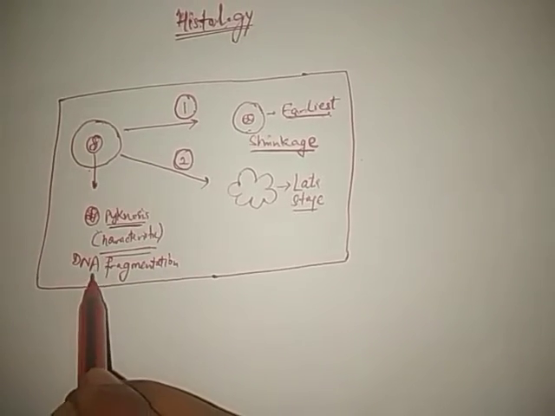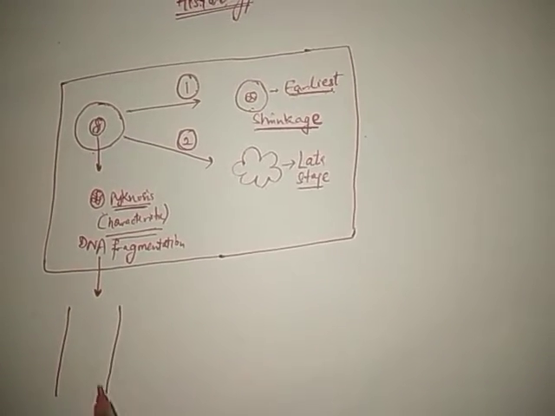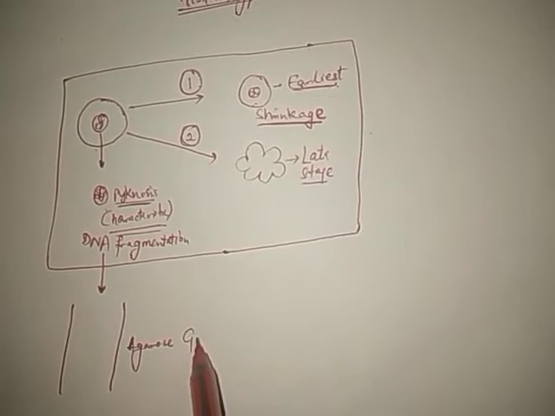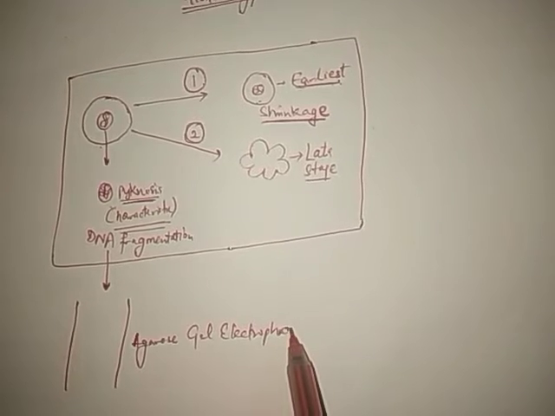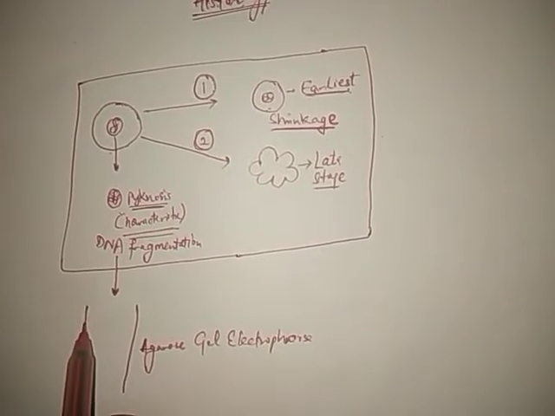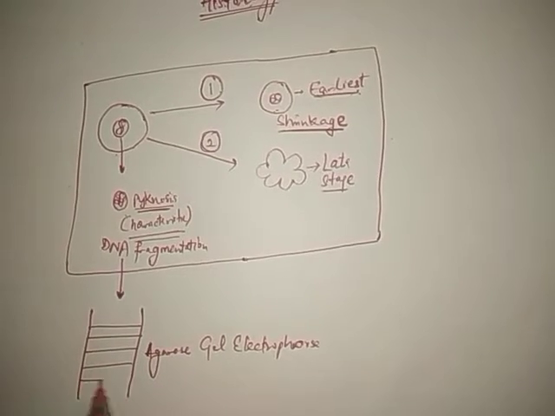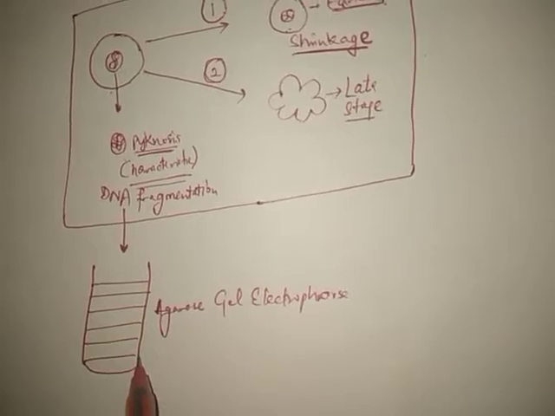When such tissue is placed in agarose gel electrophoresis, we find that the DNA is fragmented and it looks like a ladder pattern in the agarose gel.